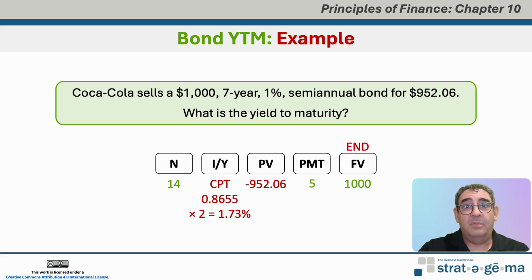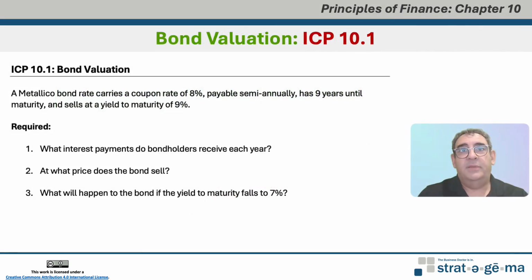The bond pays 1%. Therefore, Coca-Cola has to offer investors a discount to buy that bond. So that $1,000 bond should sell for less than $1,000. And guess what? Yes, it does. It sells for $952.06. Let's close out this section with a couple of in-class problems, starting with ICP 10.1.